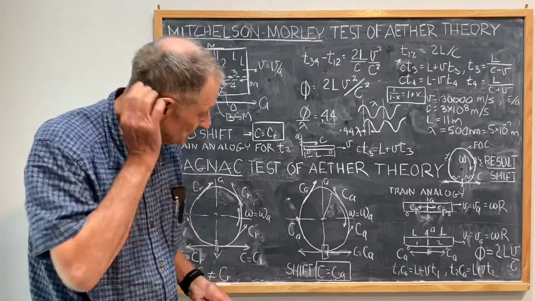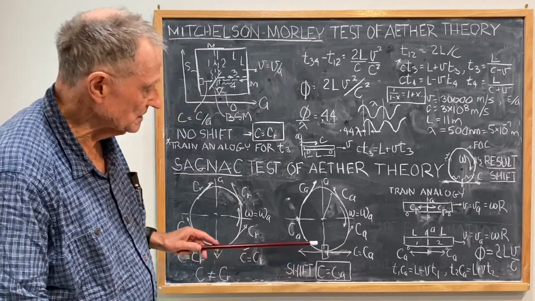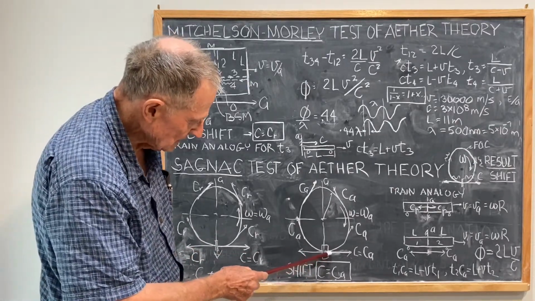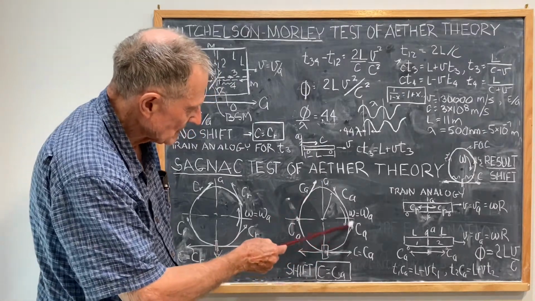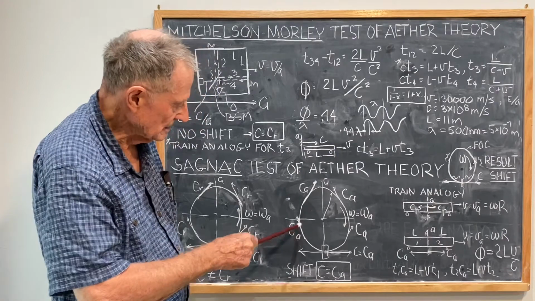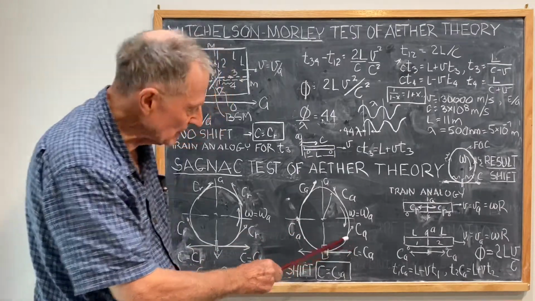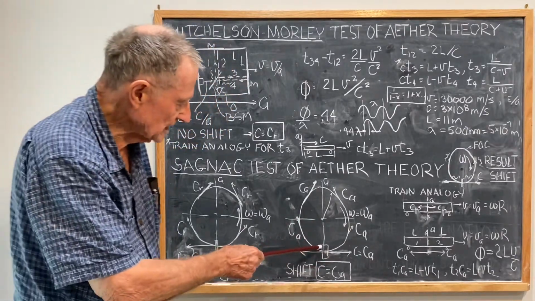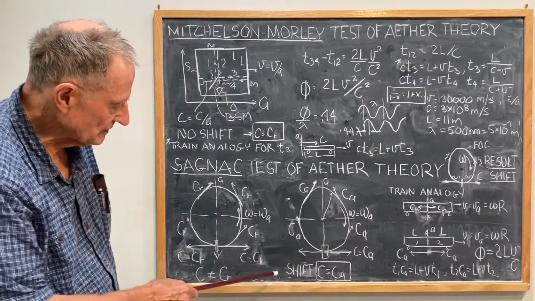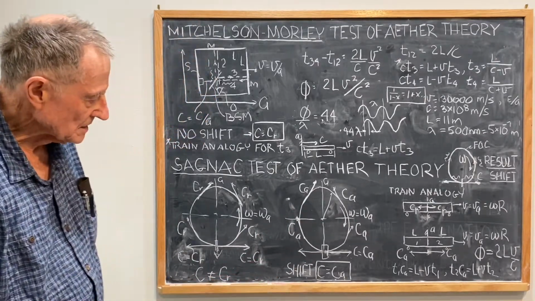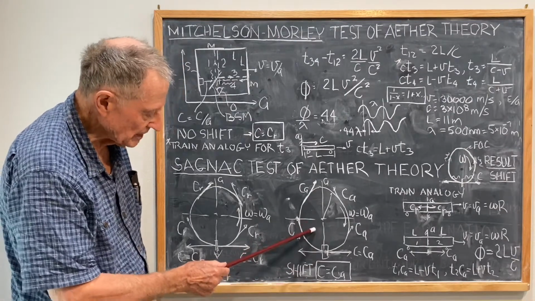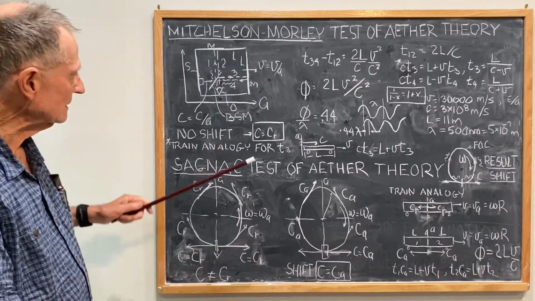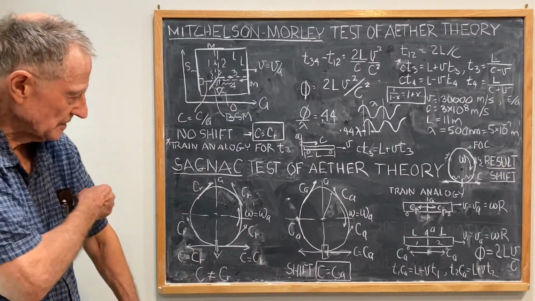So then the next calculation is, if you assume that the velocity of ejection is absolute, in other words, that these go around the two circles at an absolute speed with respect to an absolute reference frame, and not with respect to the fiber optic cable, then you get that there is a shift. So this experiment verifies that the speed of light is absolute, which directly contradicts the Michelson-Morley experiment.